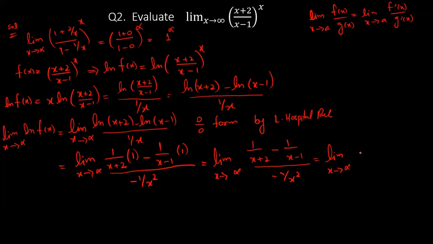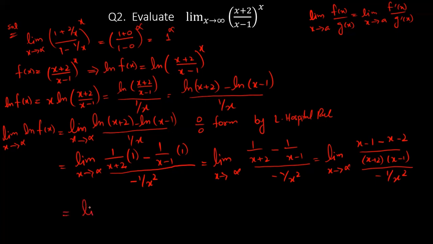When we take the LCM, it gives us x plus 2 into x minus 1, and in the numerator x minus 1 minus x minus 2, over minus 1 over x square.